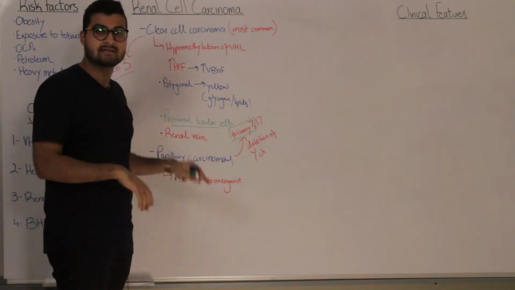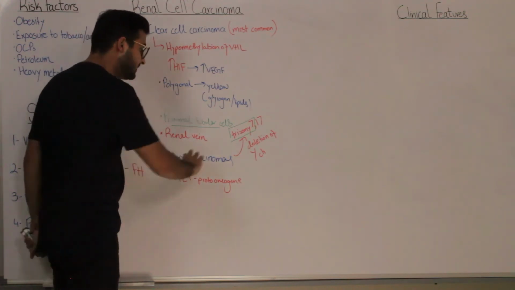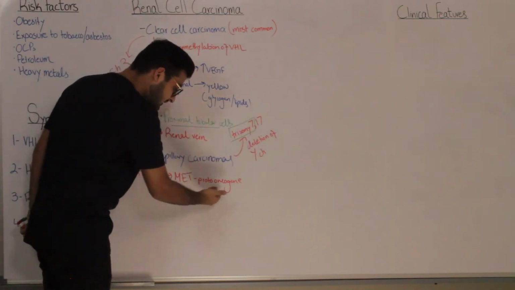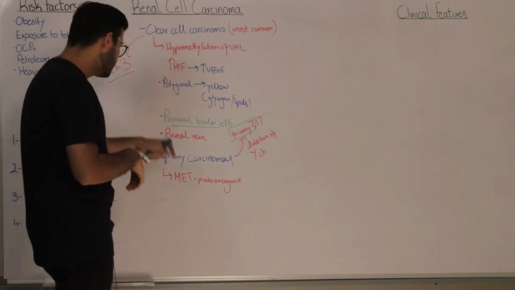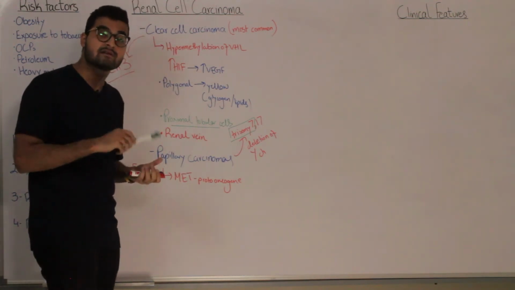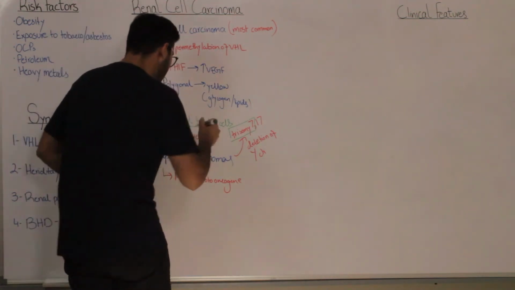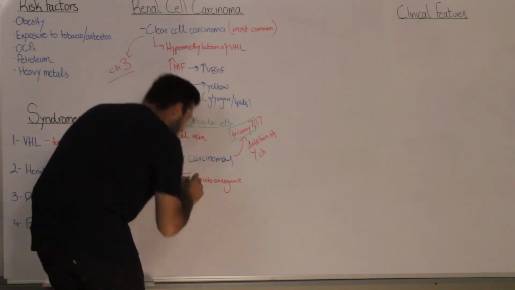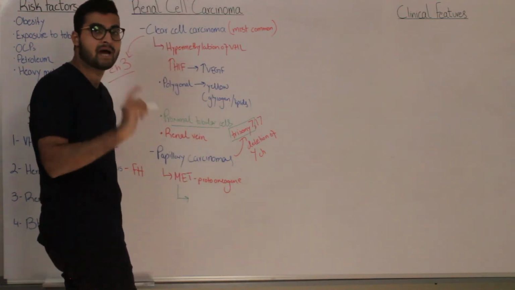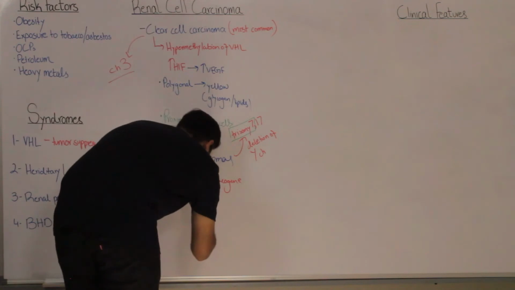Now, what does the MET proto-oncogene do? Because all of these lead to mutation in your MET proto-oncogene. So the MET proto-oncogene controls what? It regulates the tyrosine kinase receptor of hepatocyte growth factor.